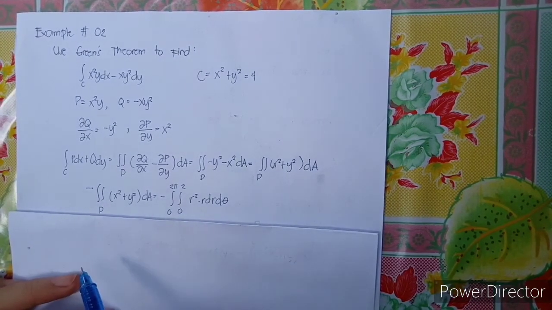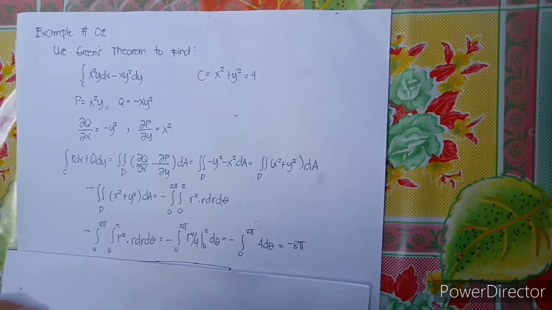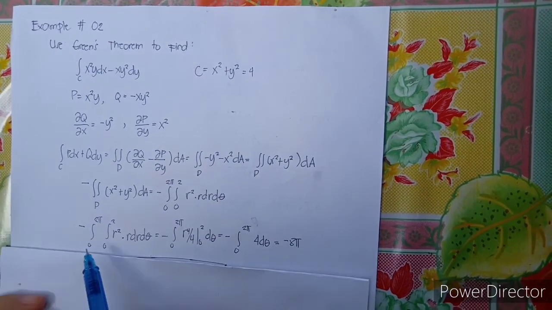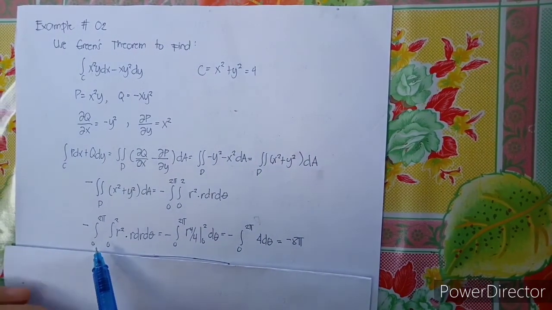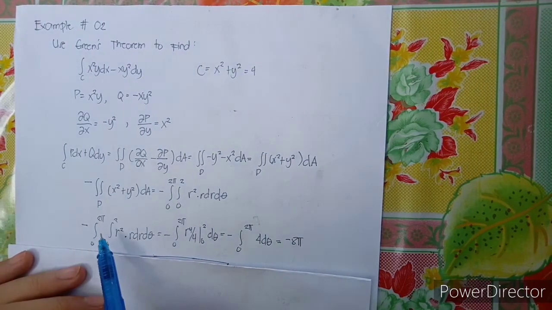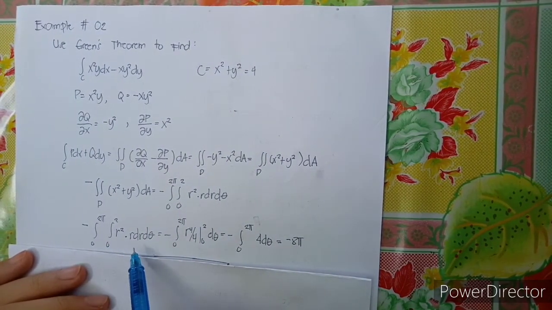So let's finish the calculations. Negative double integral with the limits of 0 to 2 pi and 0 to 2 of r squared multiplied by r dr d theta.